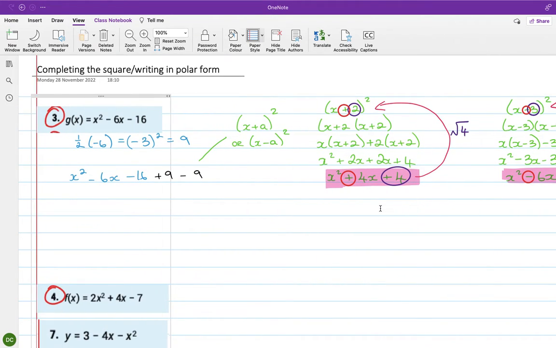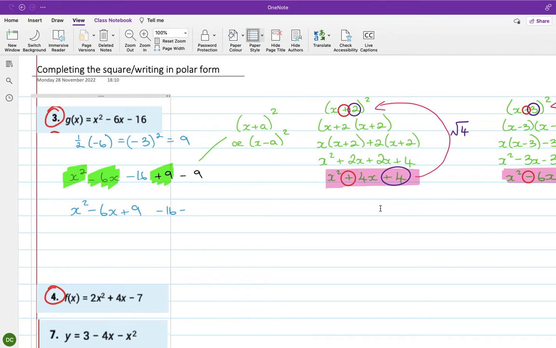So based on that, we're going to form a quadratic using the x squared, the minus 6x, and the plus 9, and we're going to turn that into a perfect square, backwards of what we did right there. So we have x squared minus 6x plus 9, and then I'm going to leave the minus 16 and the minus 9 separately.